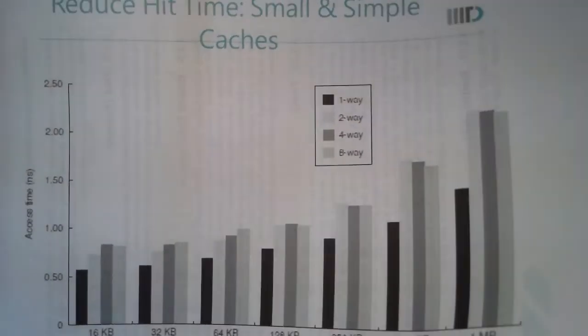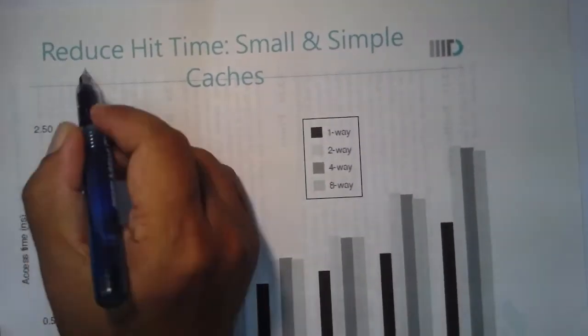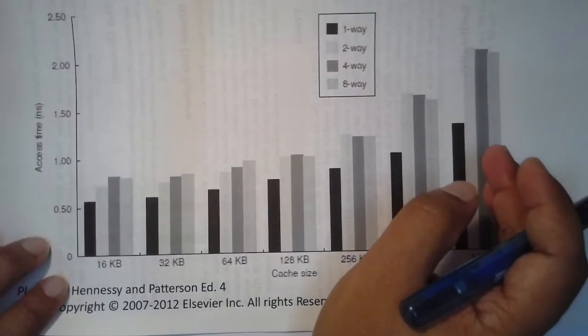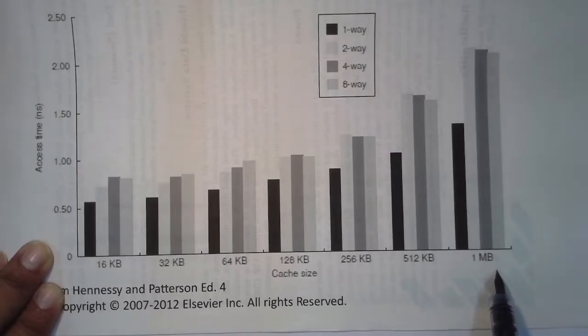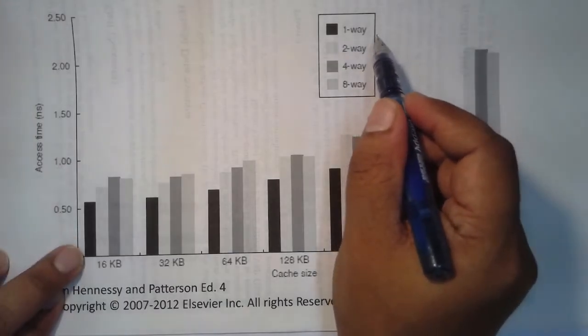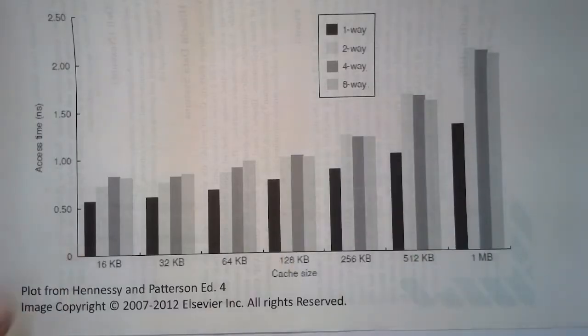The objective is to reduce hit time, so we plot the access time for caches of different sizes, from 16 KB to 1 MB, and for 1-way, that is direct mapped, 2-way set associative, 4-way and 8-way set associative caches.